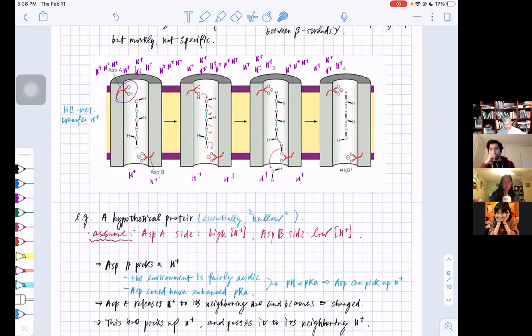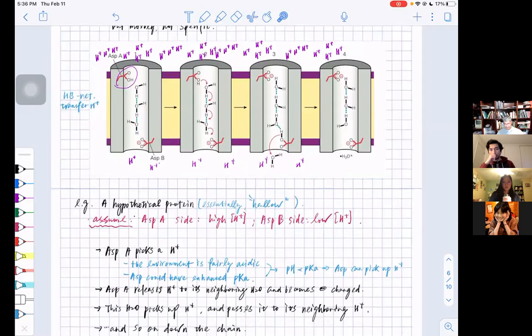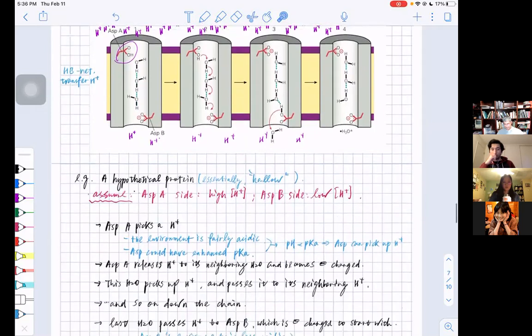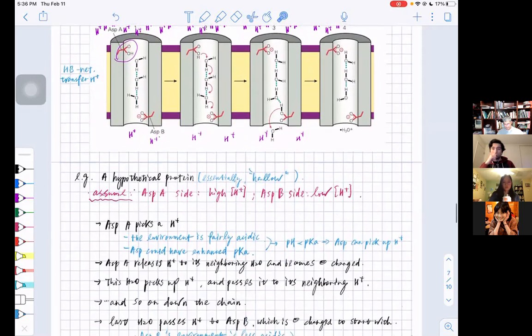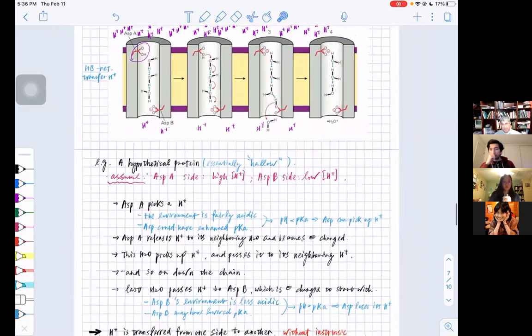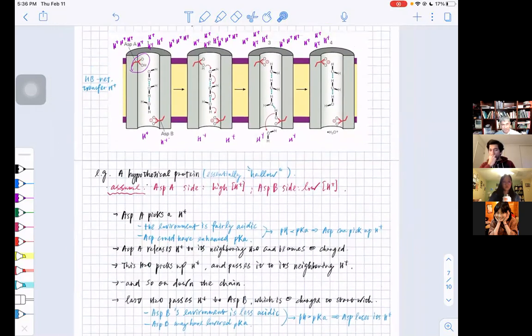So then we can see the entire consequence of this transfer event is that a proton is basically delivered from its higher concentration side to its lower concentration side. And it all starts from our assumption of aspartate A having a higher concentration and aspartate B being on the lower concentration side.